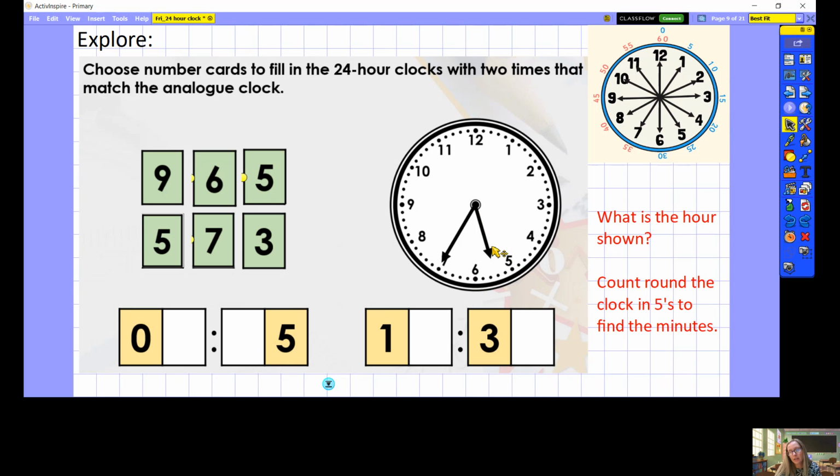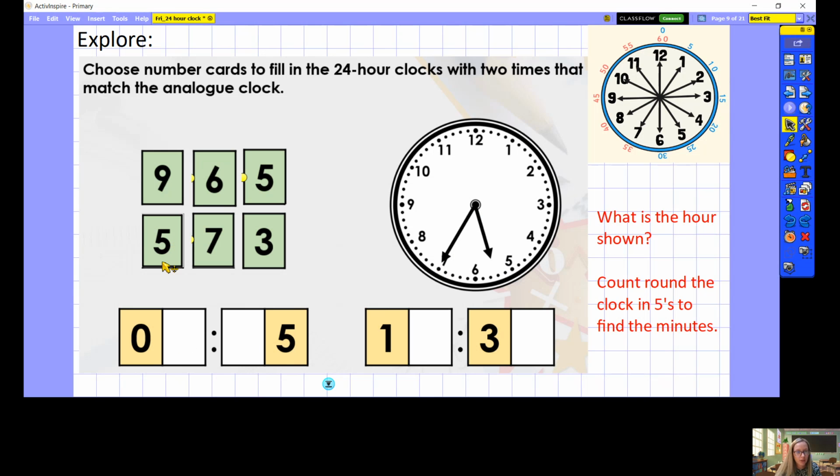Because the hour hand is not yet on the 6, on our digital time the hour would be 5. And then our minutes, if we count around the clock in fives: 5, 10, 15, 20, 25, 30, 35. So the minute is going to be 35 and the hour is going to be 5.